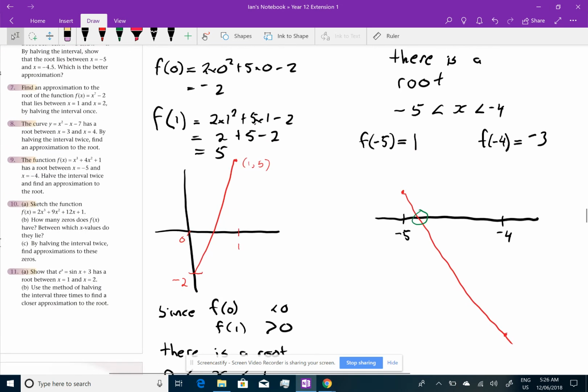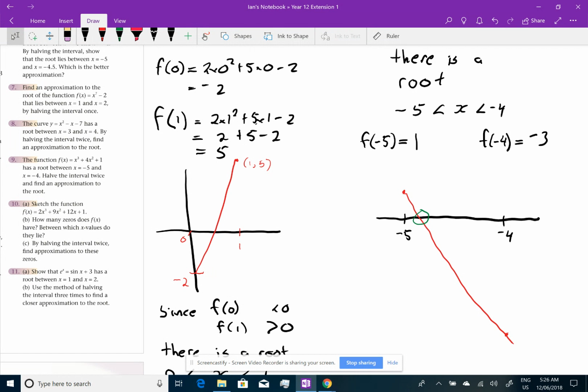The rest of the question says, by halving the interval, find that the root lies between -4.5. So we're going to find what happens at -4.